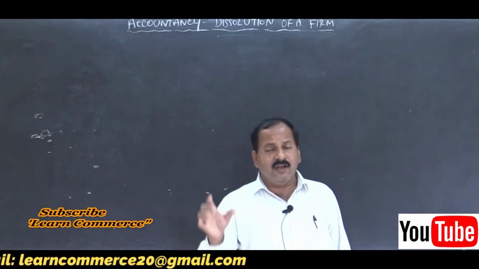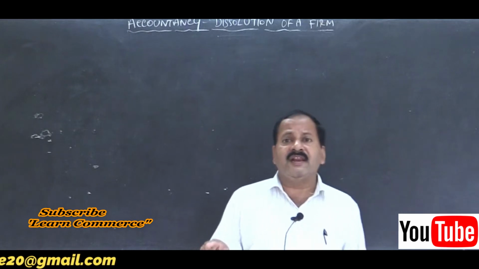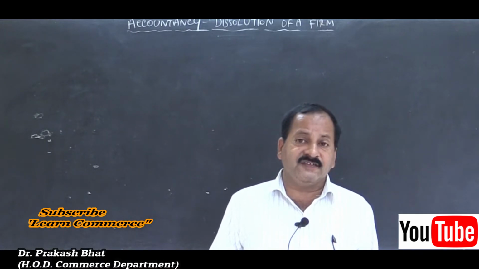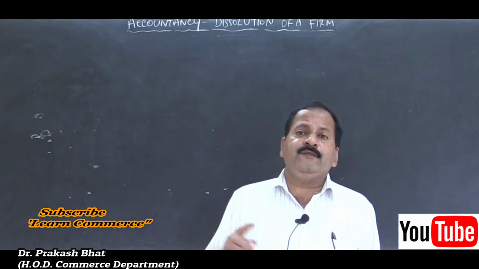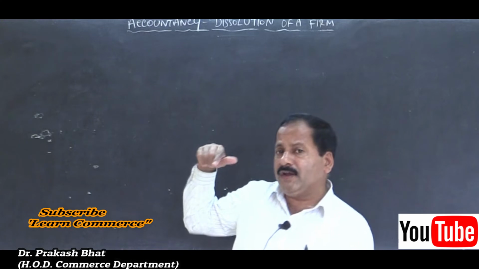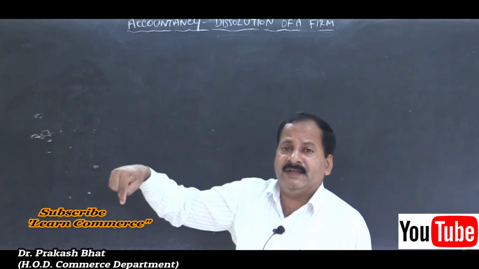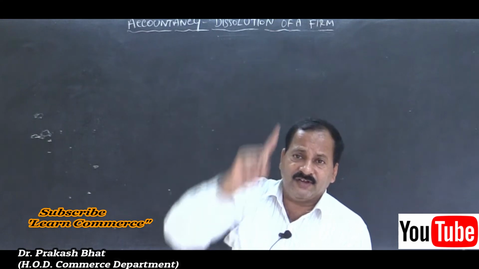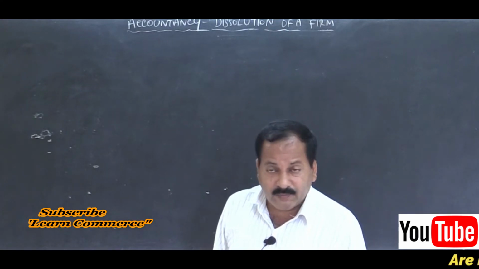When we sell all the assets, along with that we will record unrecorded assets. Am I correct? Now the case is different. If that asset is taken over by a partner, we will pass the entry for asset taken over by the partner, that is, concerned partner's capital account debtor to realization account, right? That is what we will do.